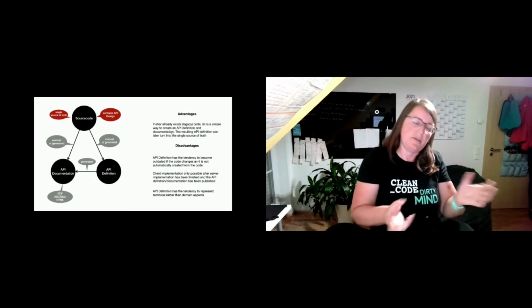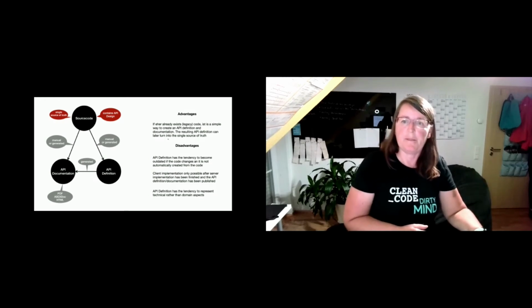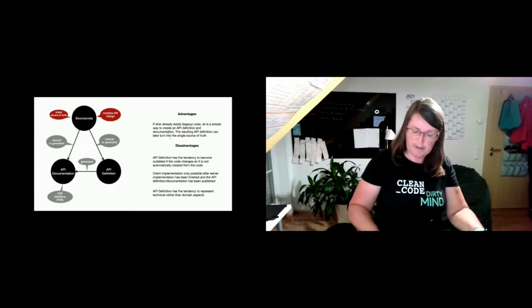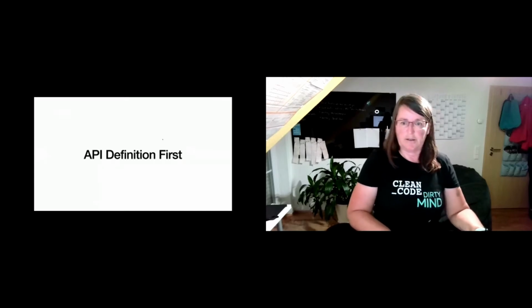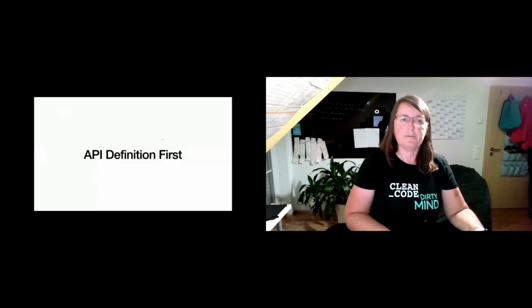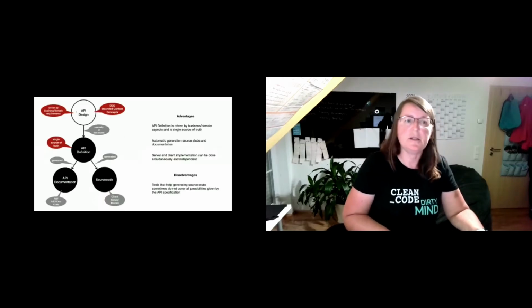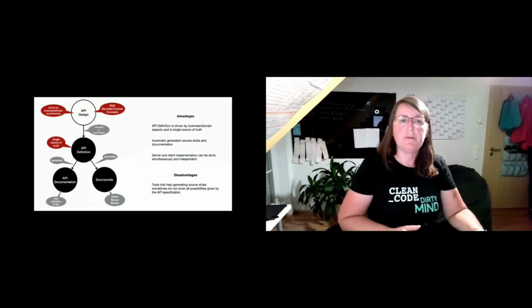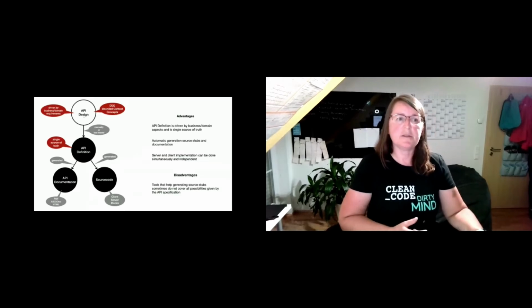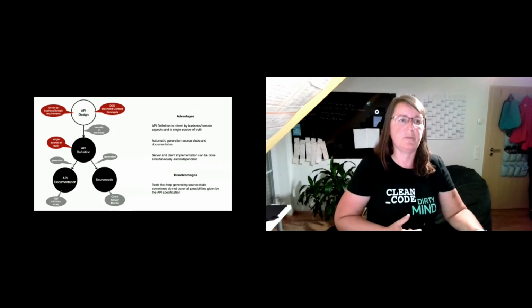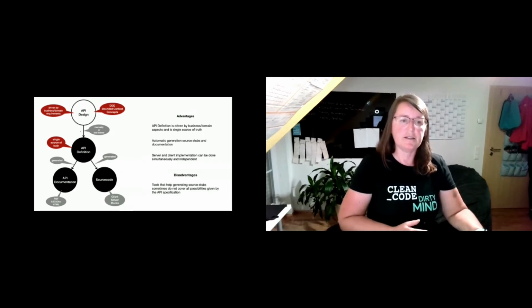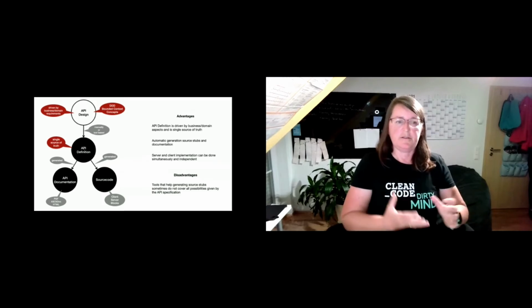But after that, you maybe should switch to the other aspect, which is the API definition first approach, where you have something like an API design up front, maybe based on DDD concepts, certainly business-driven requirements and domain requirements. And out of that, you can generate, either manually or tool-based, an API definition.